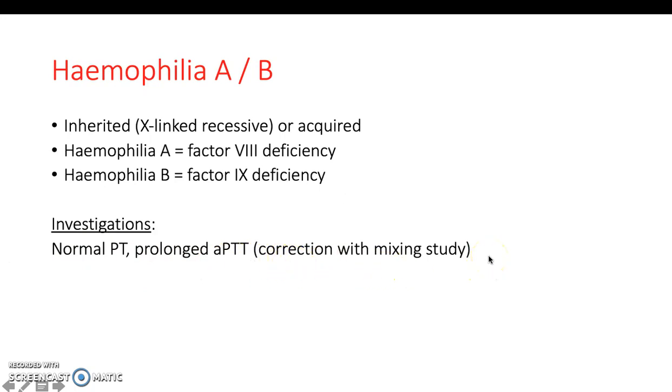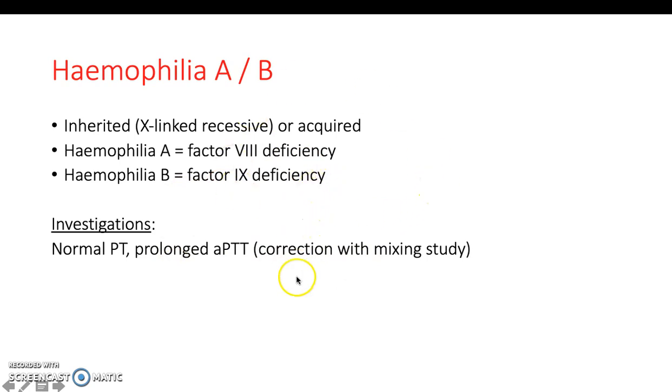You're probably thinking what a mixing study is. Essentially, it's done when the APTT is prolonged. The patient's plasma is mixed with normal plasma and the APTT is remeasured. If it corrects, like haemophilia does, then it suggests a coagulation deficiency.